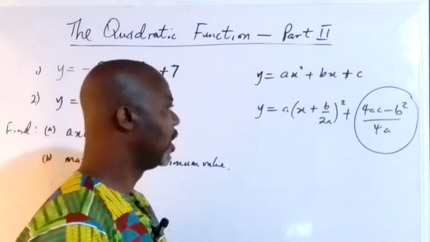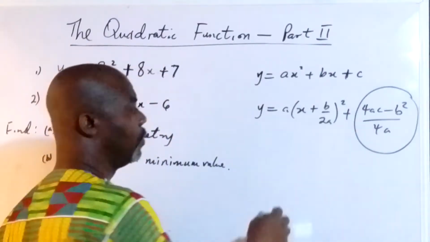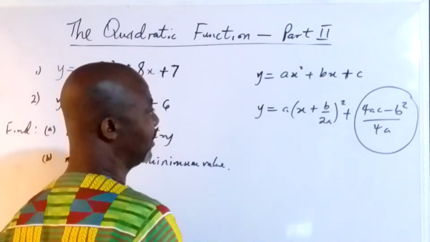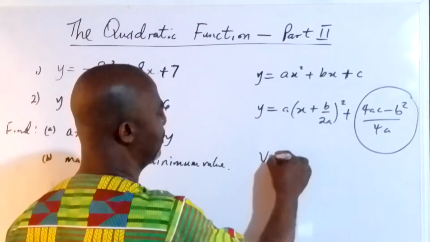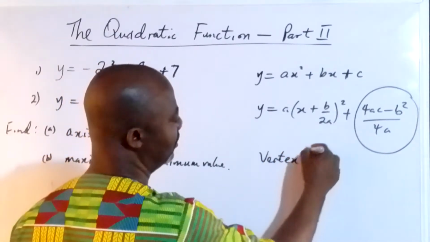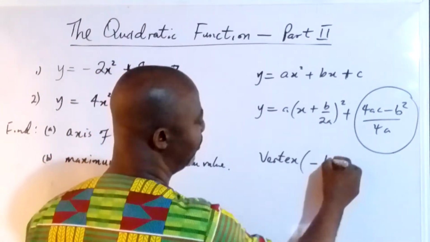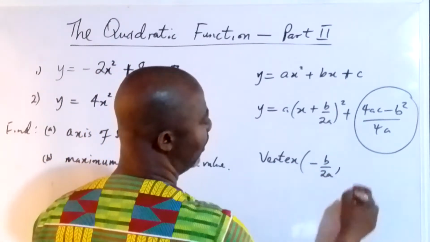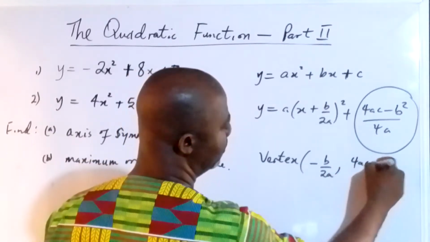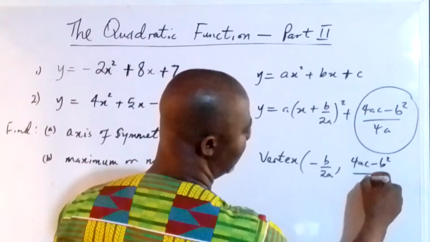And then of course, from here we realize that for the vertex, the coordinates of the vertex will be minus b over 2a and then 4ac minus b squared over 4a.